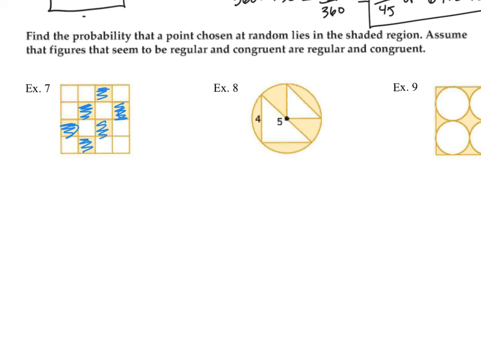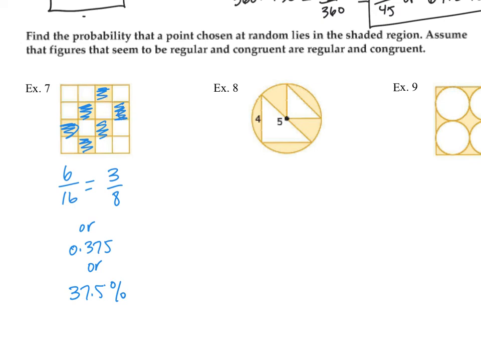So the probability of choosing a point that lies in the shaded area would be 6 out of 16, which reduces to 3/8. Or if you prefer, you could write that as a decimal, which would be 0.375, or as a percent, 37.5%. So any of those answers is acceptable because they all represent the probability of a point chosen randomly in this region landing in the shaded part.